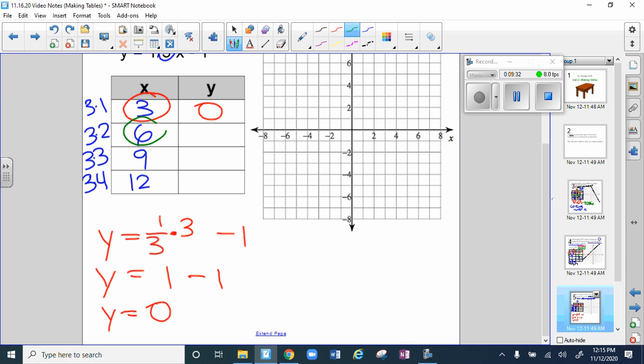So then my next value, I have x equals 6. So 1/3 times 6, and then I'll subtract 1. 1/3 times 6, I get 2 minus 1. And these are equal to y. So y is equal to positive 1.